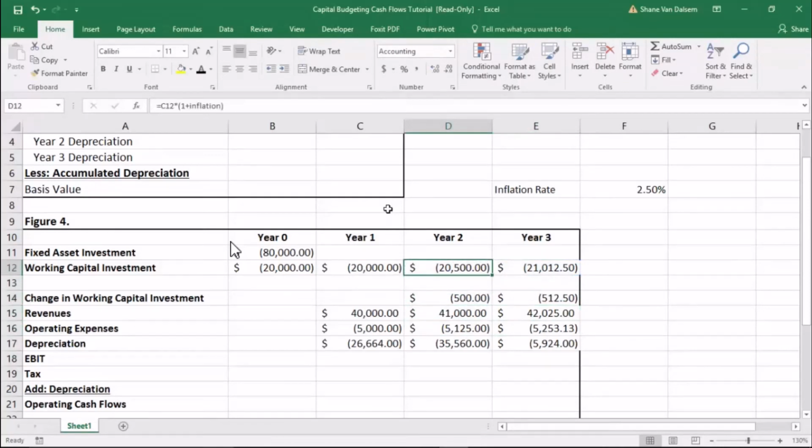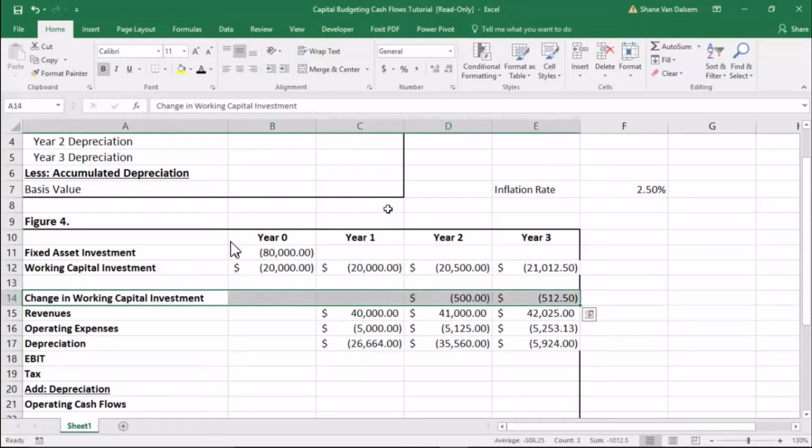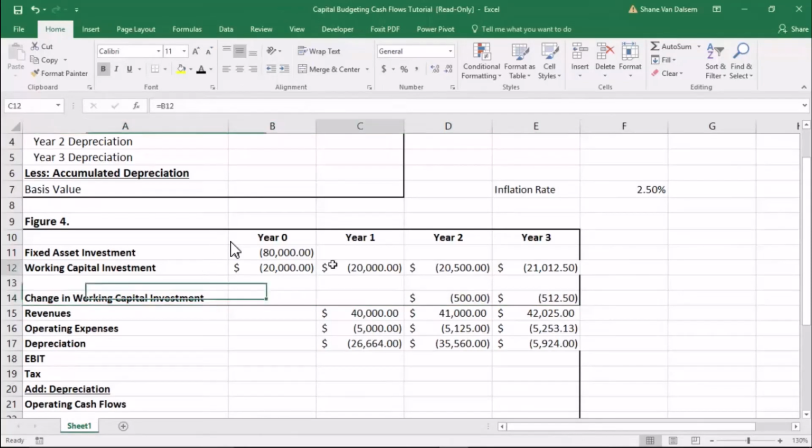So our cash flow isn't the $20,500. It's actually just the difference. It's the change from one year to the next. Our earnings before interest and taxes do not include the change in the working capital investment. The reason being is that this is not tax deductible.